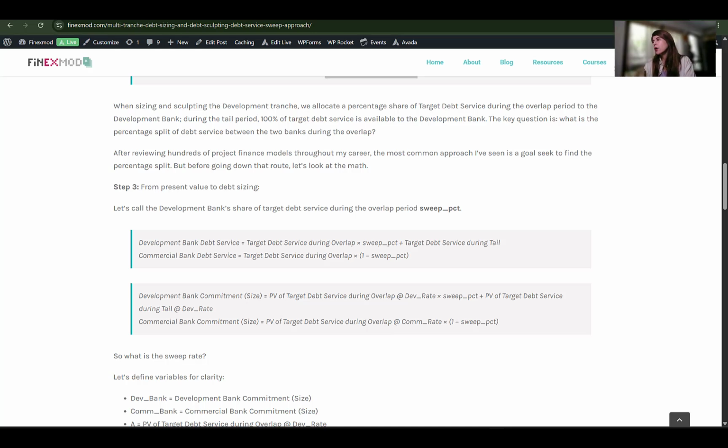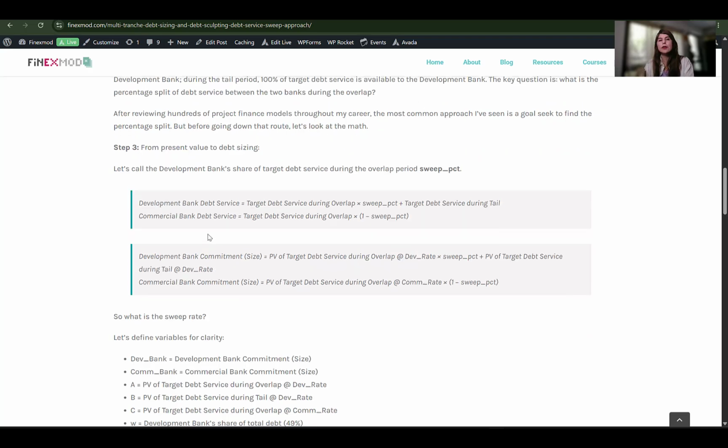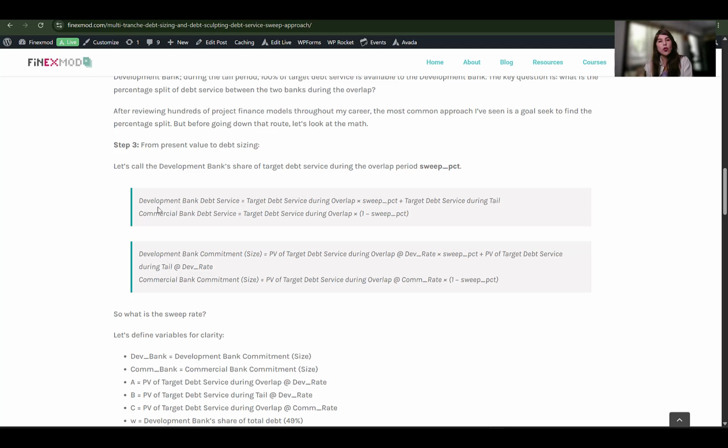So now if we go through that, we basically have these two equations. So we know that the Development Bank debt service is equal to the target debt service during the overlap times the sweep percentage plus the 100% of target debt service during tail.